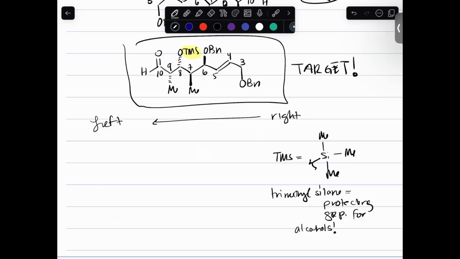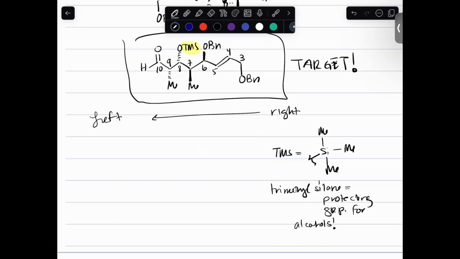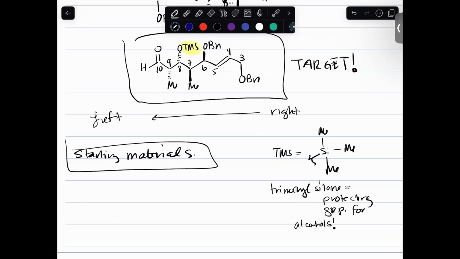Okay, so this is his target structure, and his starting materials are all commercially available, which is perfect. He can use the following Evans oxazolidinones, both enantiomers.